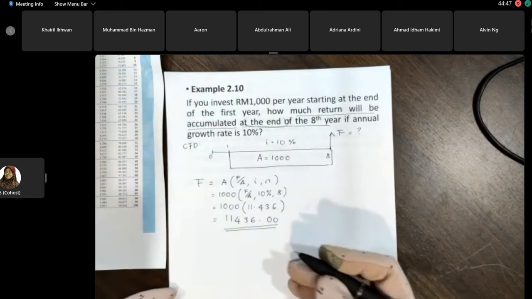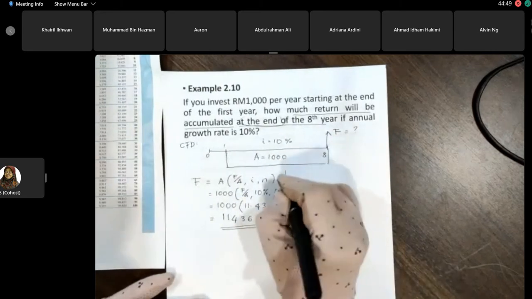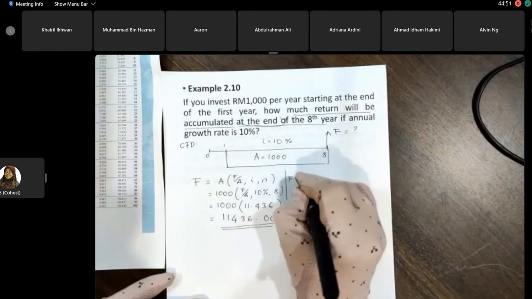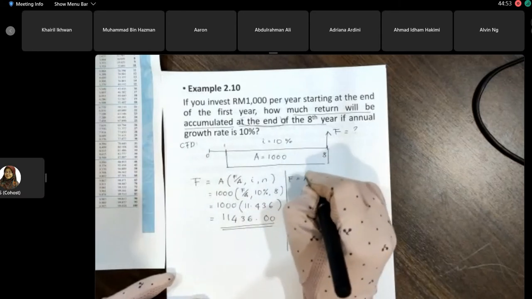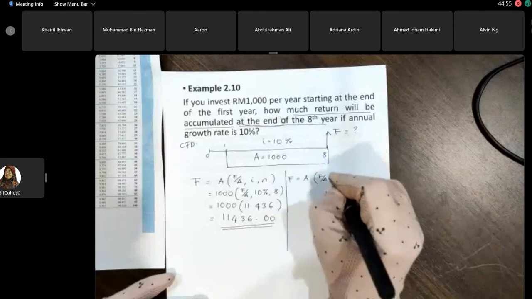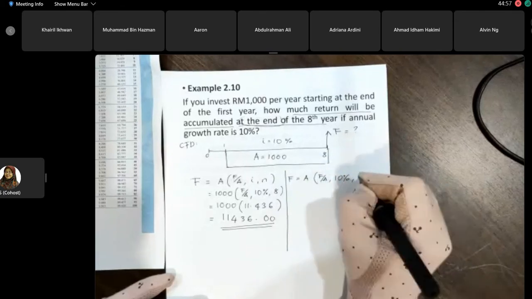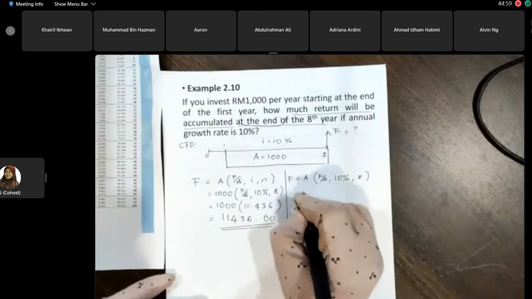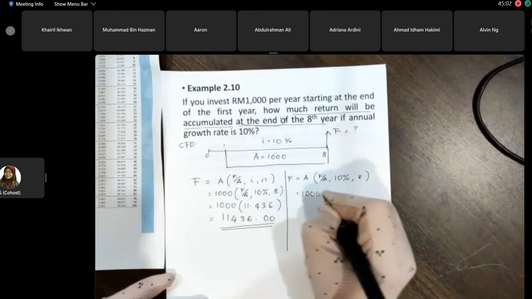Or if using the formula, just use the formula for F over A at 10%. A is 1,000.